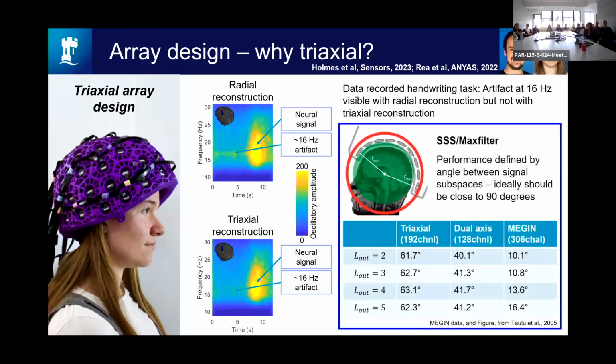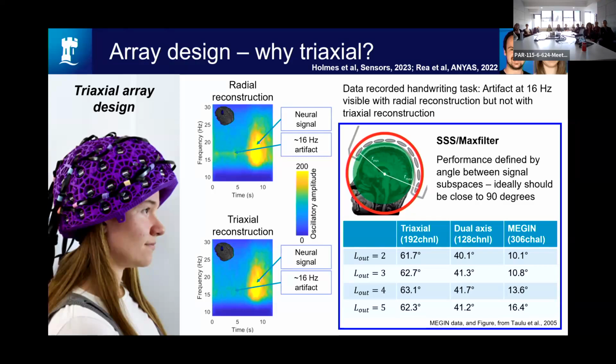Another way to think about it, those of you who've used MEG might be familiar with something called Maxfilter or signal space separation. This is what the MEGIN system does, formerly the Elekta system. It's a brilliant paper by Samu Taulu from 2005. What Samu did was invent this idea that we've got signals coming from inside the brain, inside the green circle, and signals coming from outside the brain, outside the red circle.